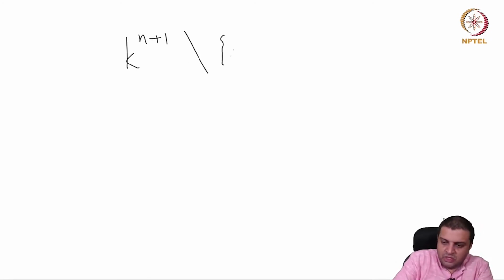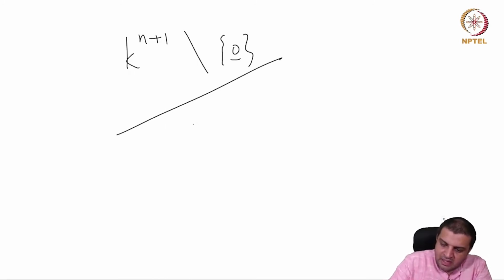So what we have done really is construct a topological space with the following property. We took K^(n+1), then we took away the origin, and on that we acted by an equivalence relation. And what is the equivalence relation?